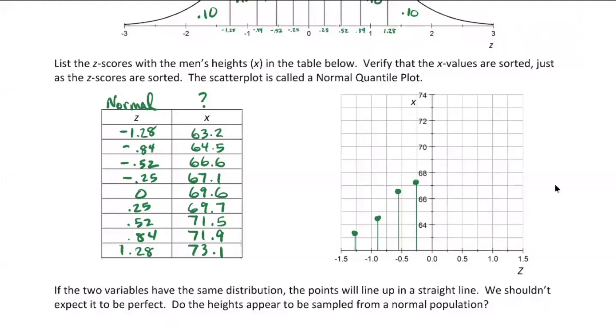0 gets a 69.6, maybe like that. Okay, 0.25 gets a 69.7. 0.52 gets a 71.5, maybe right there. 0.84 gets a 71.9.